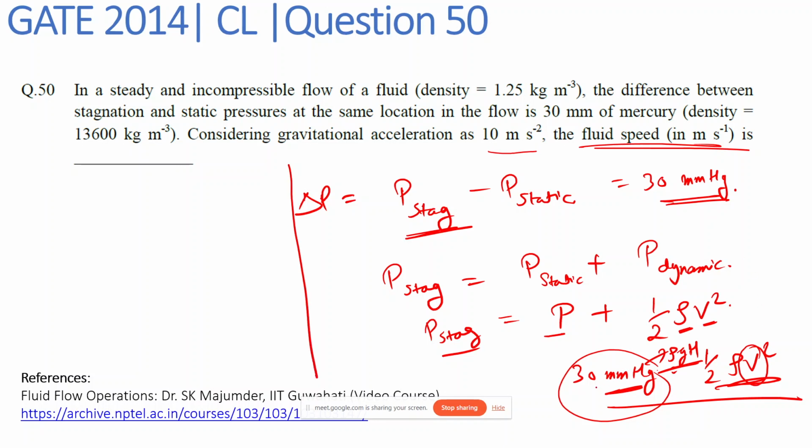So we can calculate 30 mm Hg as rho g h. The density of mercury is 13600, the gravitational acceleration is 10, and the mercury height is 30 mm, that is 30 into 10 raised to minus 3. So this would be our difference of stagnation pressure and static pressure that has been given, and this will ultimately be equal to half rho v square.